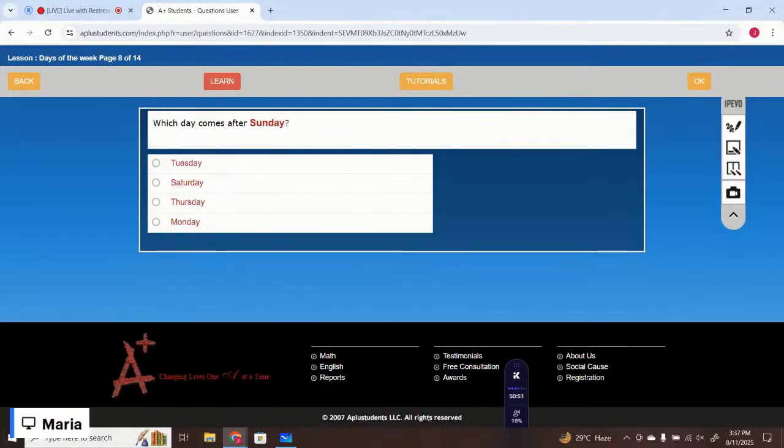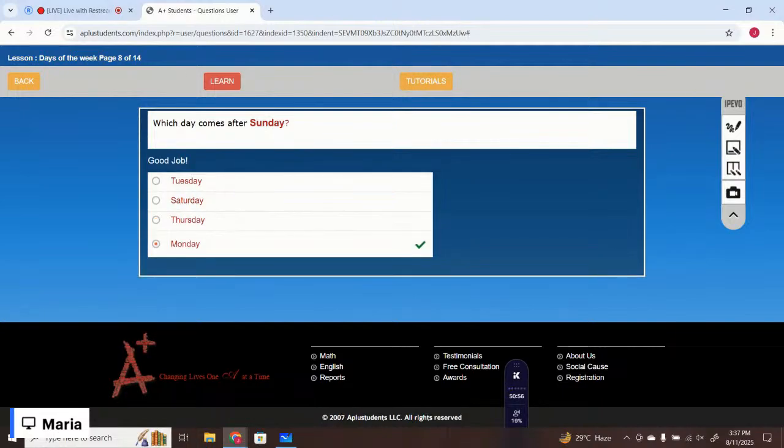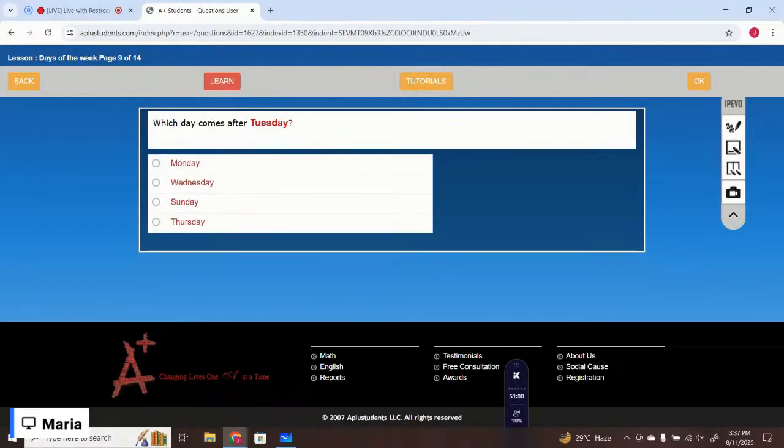After Sunday, it is Monday. The last option is the correct option. Which day comes after Tuesday? After Tuesday, it is Wednesday. Option two is the correct option.